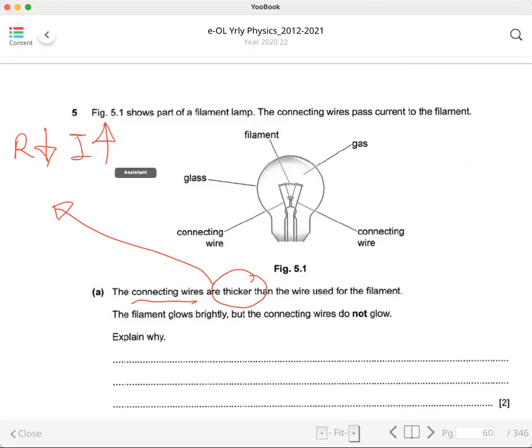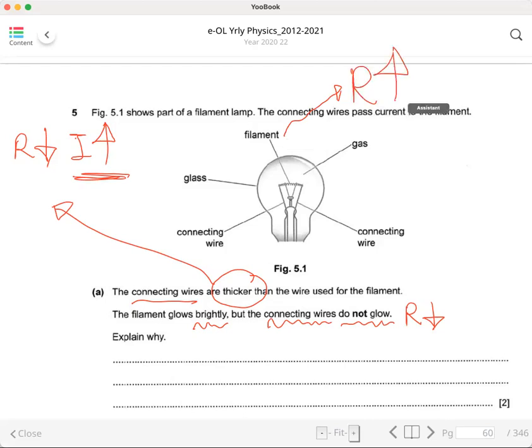That's the reason why the connecting wire does not glow, because the resistance is low. Why does the filament bulb glow brightly? Because there's also a high current. The next thing, the filament is not so thick, it is very thin, so the resistance is high.